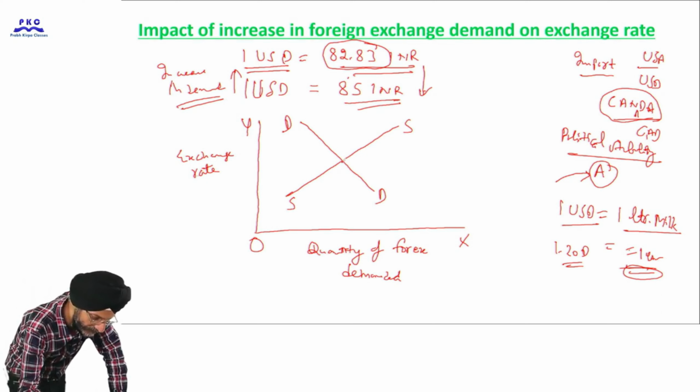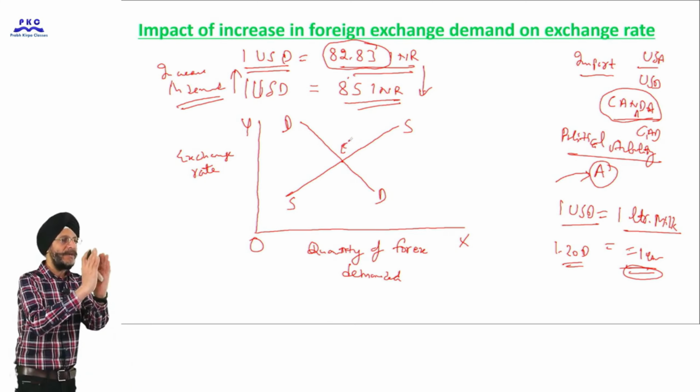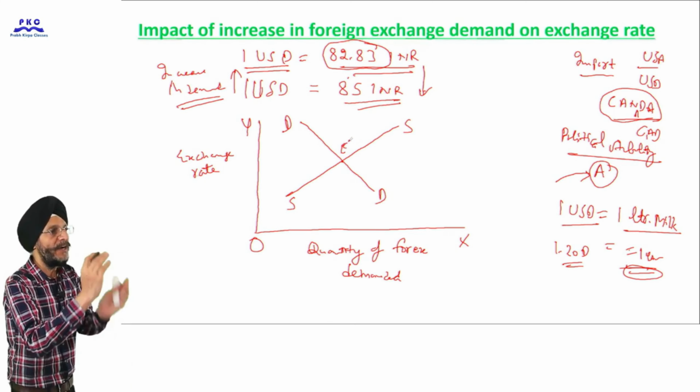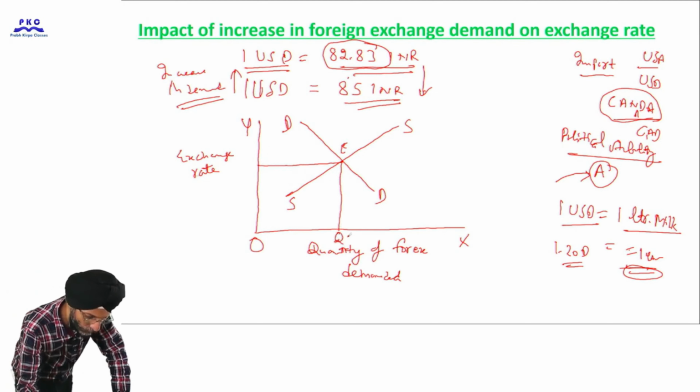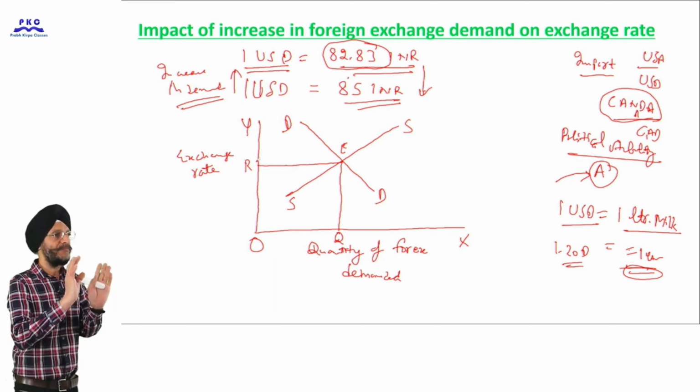Here is the point E, the equilibrium point, where the demand and supply curves cut each other. So this is the quantity demanded Q when the exchange rate is R.